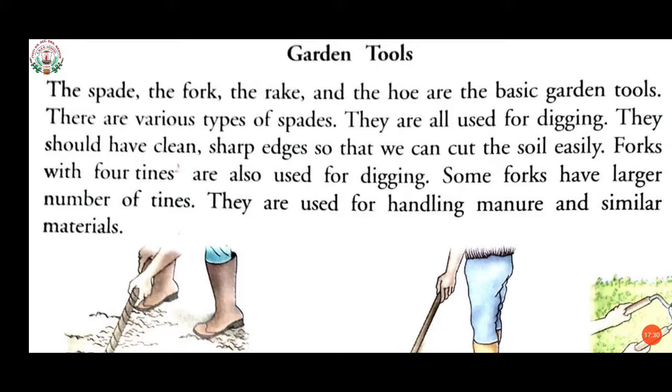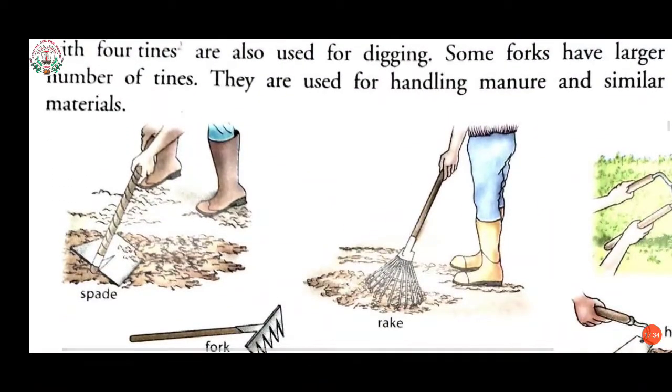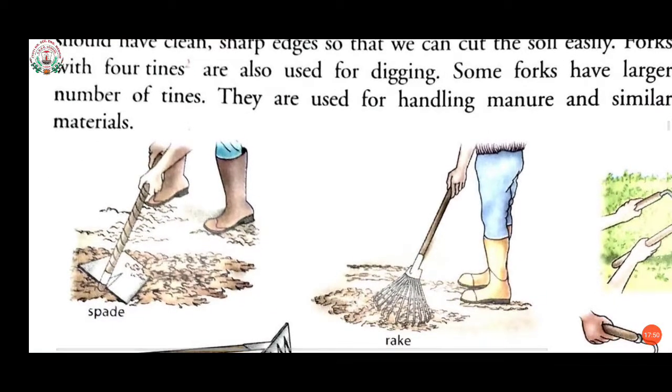Now there are various types of spades. This one is a spade. They are all used for digging purposes. To dig the soil we should use this spade, as you can see in the image here.